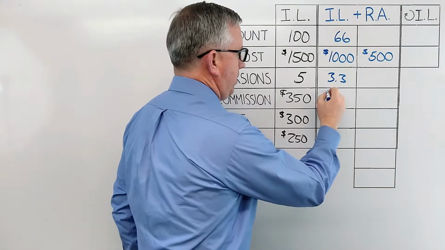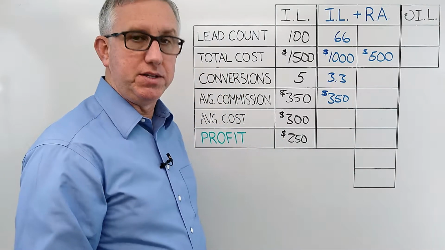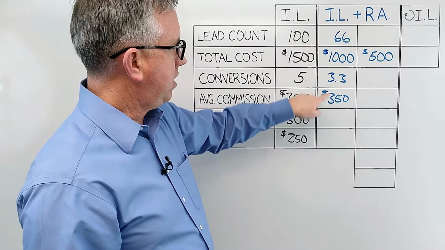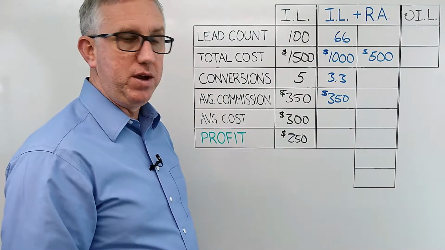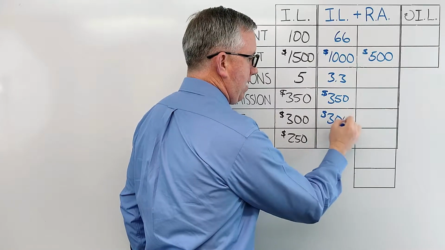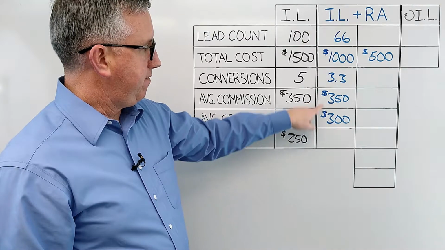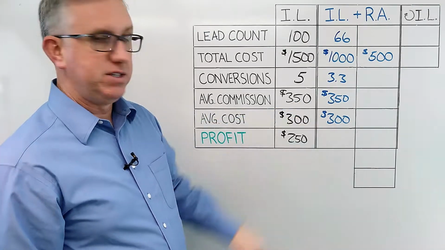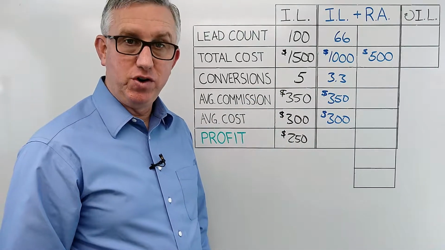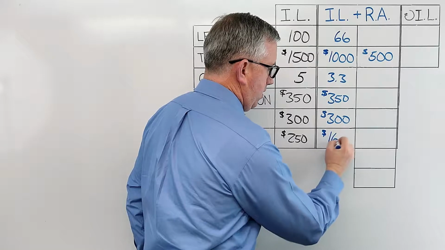So that's still going to be $350 on each individual policy on average. And the cost is $1,000 divided by 3.3 conversions, which is still going to be $300. So we managed to keep all that math the same. However, the profit of $50 here, 350 minus 300, is only going to be multiplied times 3.3 conversions now. So we end up with a bottom line that's smaller.